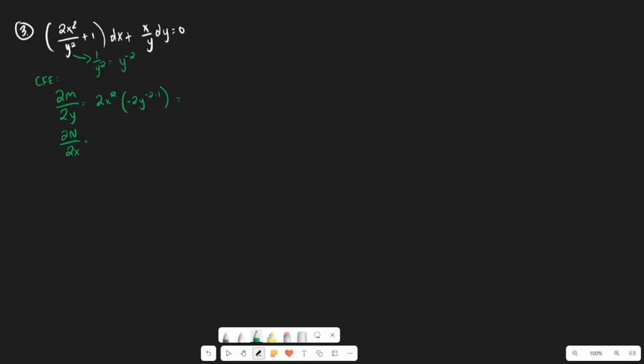So this becomes negative 4x squared y raised to negative 3, or negative 4x squared over y cubed.